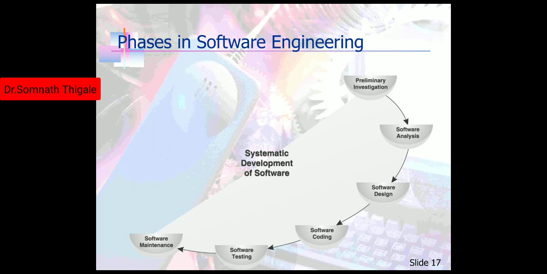The phases of this SDLC are analysis, designing, coding, testing and deployment, sometimes referred to as maintenance. So it goes like this. If we take a general example, suppose a patient having some health problems goes to a doctor, an experienced person.